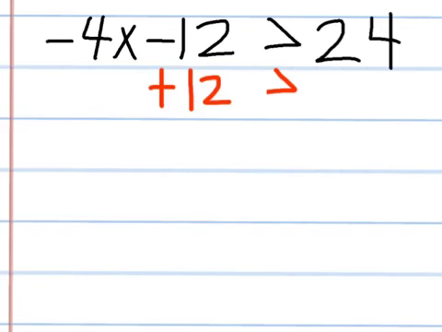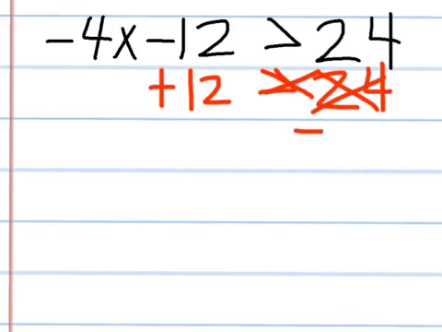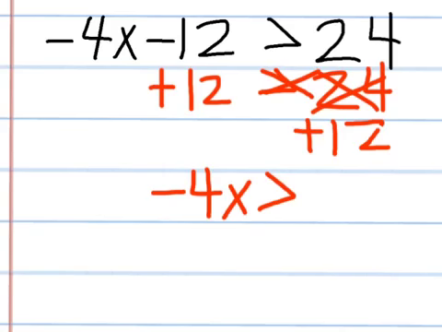Right now we're just treating our inequality like an equal sign. Adding 12 to both sides, that will give us -4x on the left, and on the right we'll have 36.